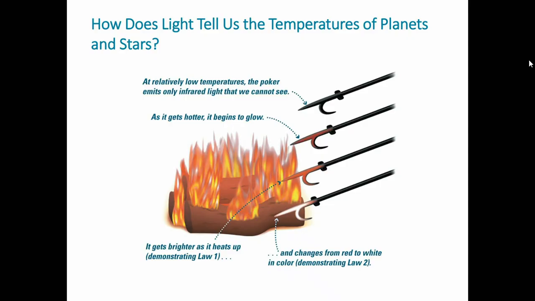As I bring it towards the flame, it starts to heat up, or its temperature increases, and it starts to change color. When it's just starting to heat up, it's more of a red color, and then as it gets very hot, it turns from being red to being a white color. So the temperature of an object is related to the color that we will see from that object.